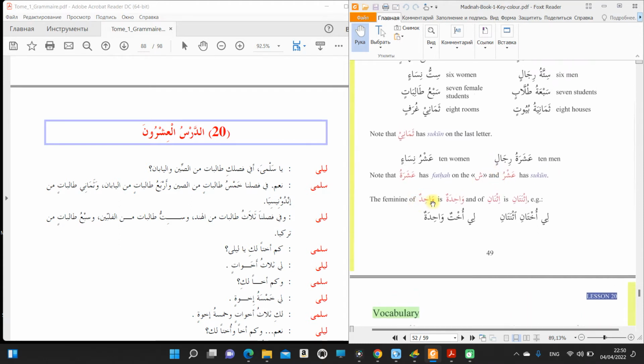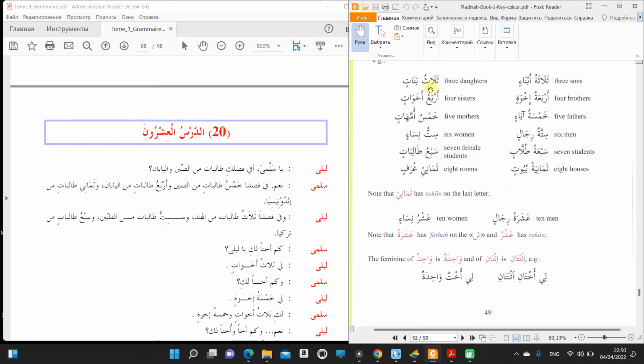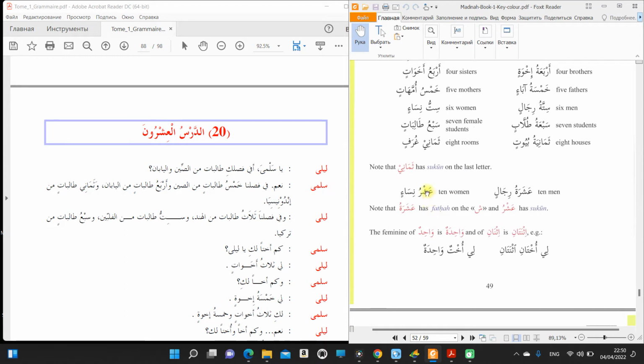And the feminine of واحد is واحدة. And of اثنان, اثنتان. Yeah, that's also true. So all the numbers are slightly different when they are feminine from what they were if they were masculine. You see, here the ta marbuta went away. When we got to the 10, shin took sukun.